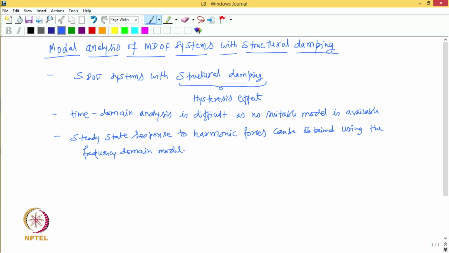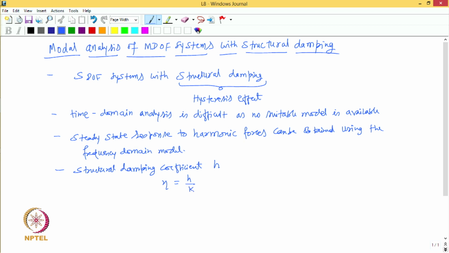And we defined what is called the structural damping coefficient, denoted by H. The structural damping coefficient was defined at a harmonic frequency omega, and hence this corresponds to a frequency domain representation of the structural damping. We also defined the loss factor, which is the ratio of the structural damping coefficient and the stiffness.